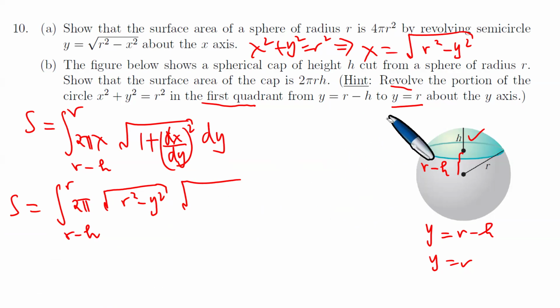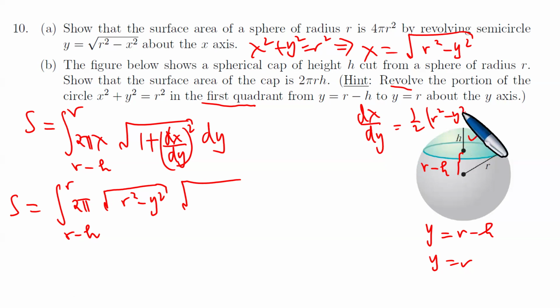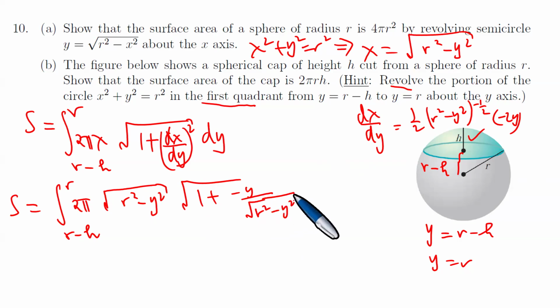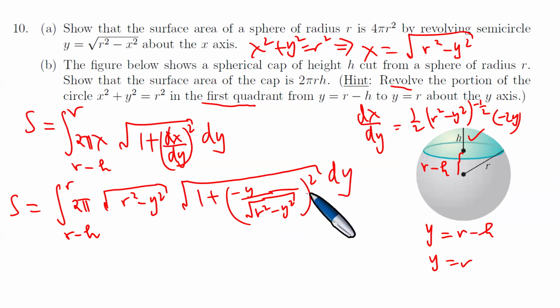Then you need dx/dy, which you can get from differentiation. So dx/dy is the derivative of (r squared minus y squared) to the power 1/2, which is 1/2 times minus 2y, so it's minus y divided by the square root of r squared minus y squared. This squared, dy.